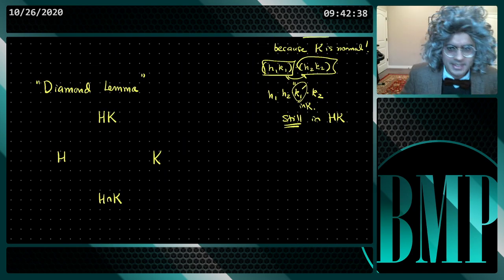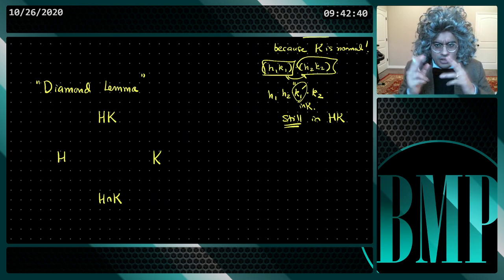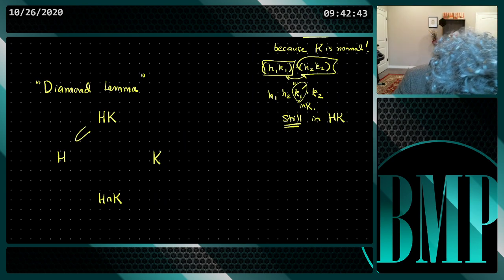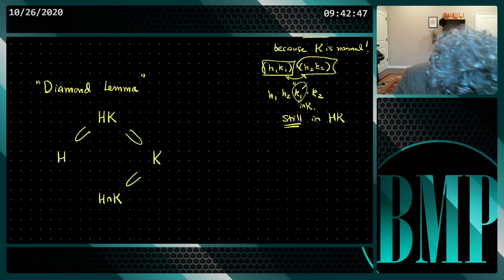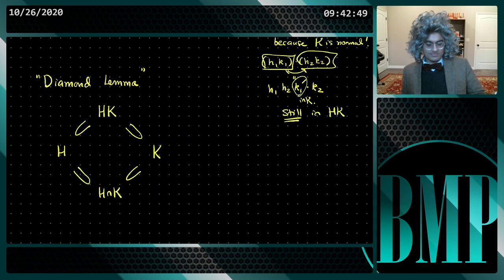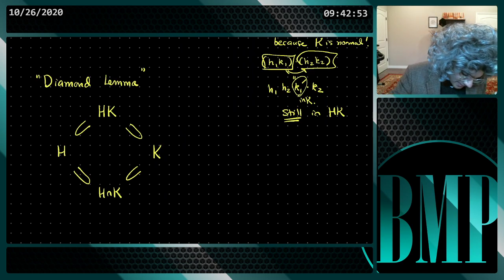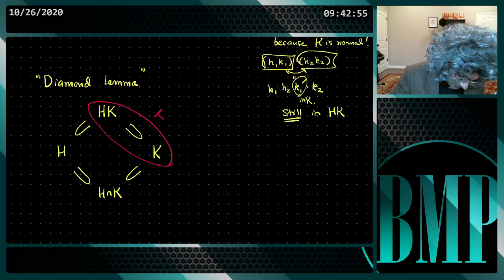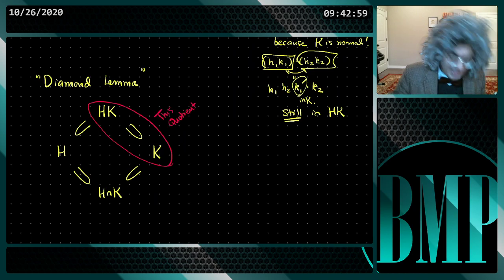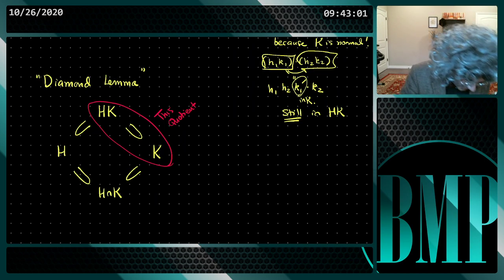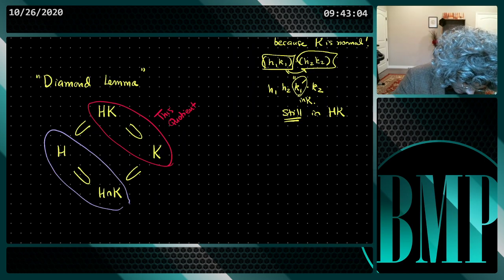And there are obvious inclusions. The Diamond Lemma says that this quotient is naturally isomorphic to this quotient.